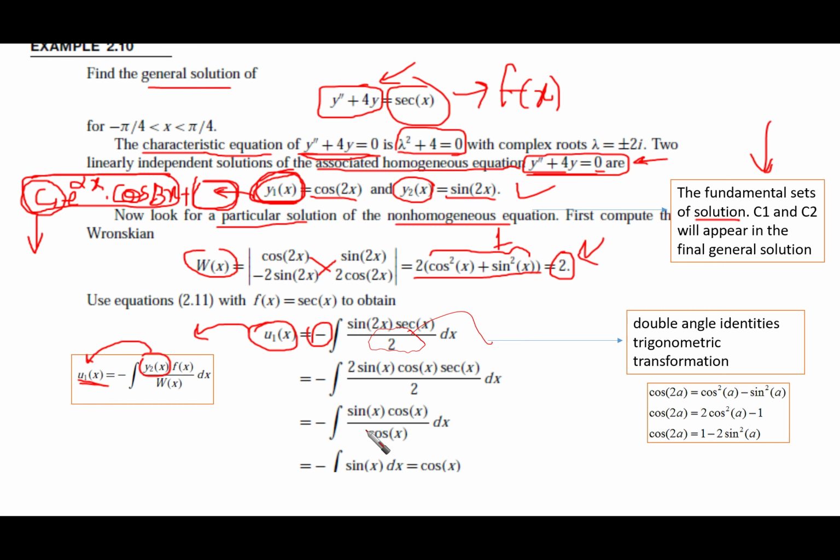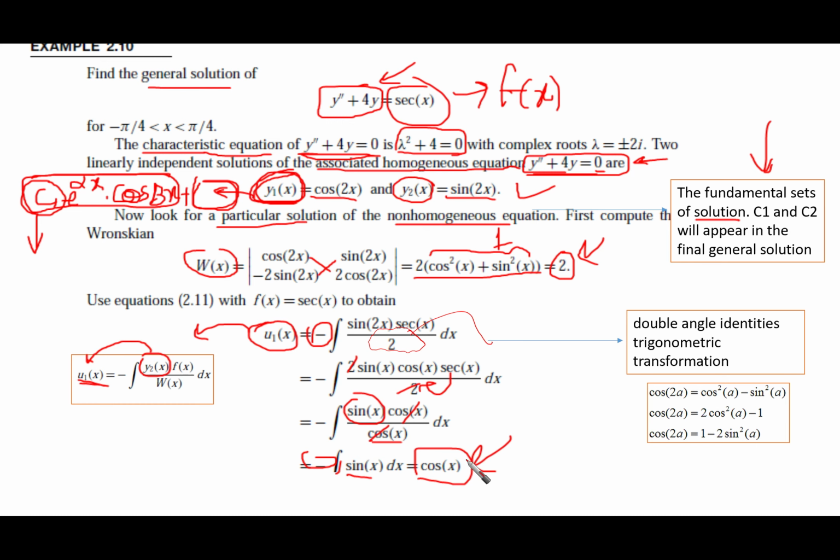So the 2 is cancelled with the 2, and the sec x in the denominator gives cosine, and this cosine cancels that one. We end up with sine x here, and there is a minus outside, so minus sine x, and the integration gives cosine x. This is the first part for obtaining u1.